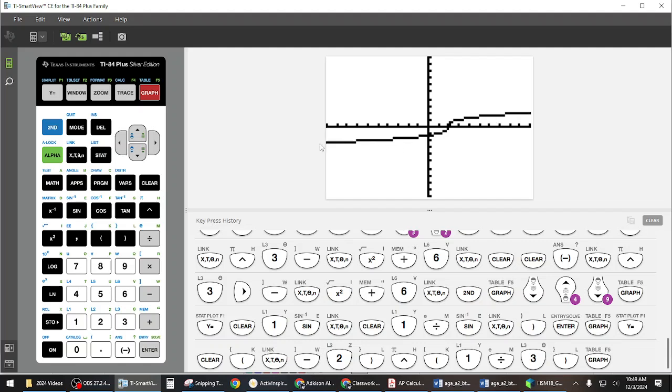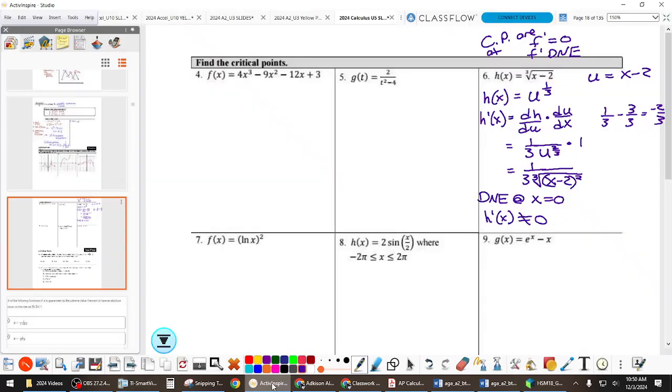So we can see that this is always increasing, right? Except for right here, where it doesn't exist, the slope would be infinite because it's a vertical line. Oh, okay, that makes sense. So that's where, sorry, excuse me. Yeah.